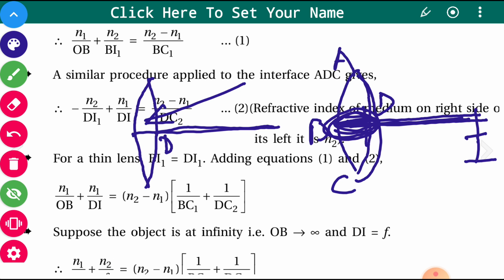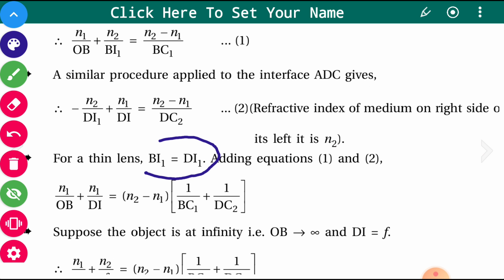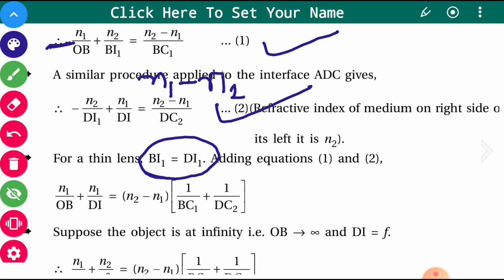So it is written as bI1 is equal to dI1, and we add these two equations. Mind well, this is negative, and this we have taken as n1 minus n2 upon dC2.